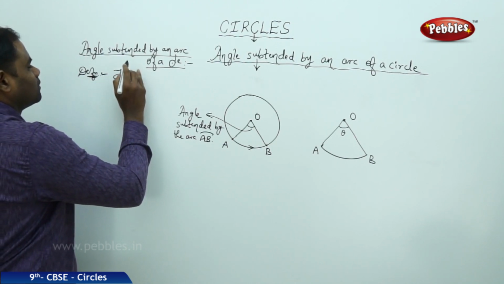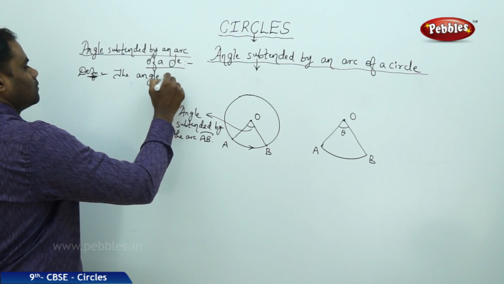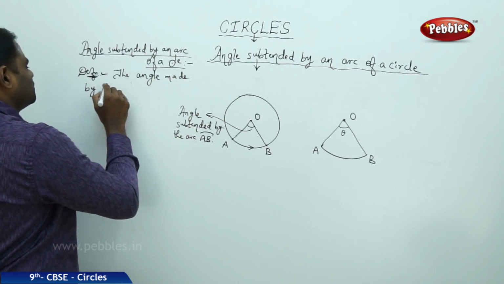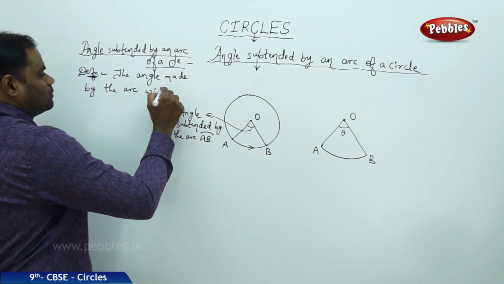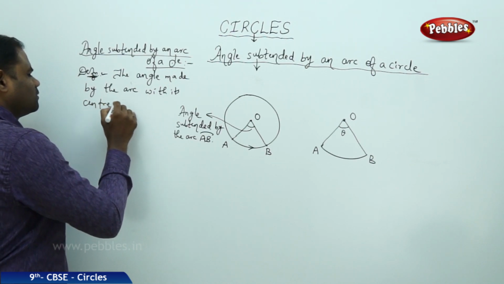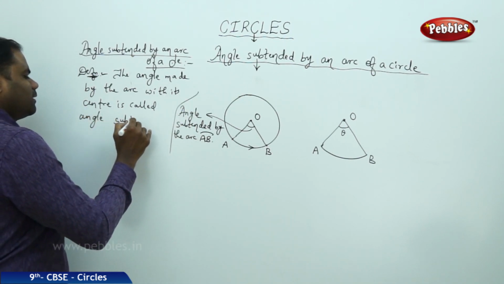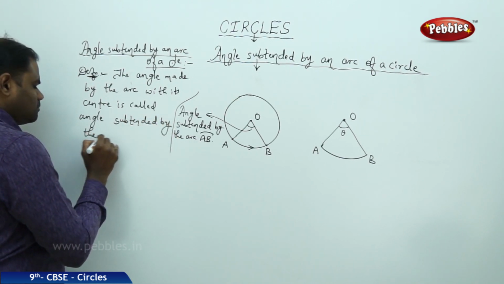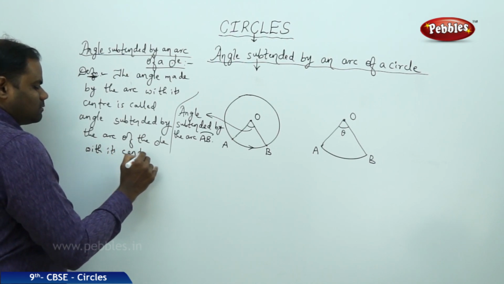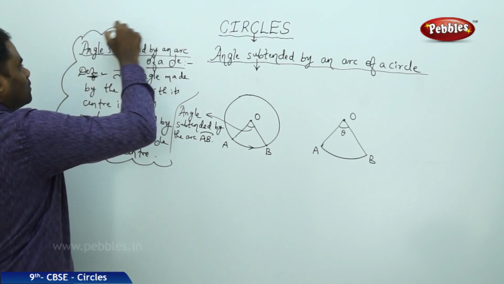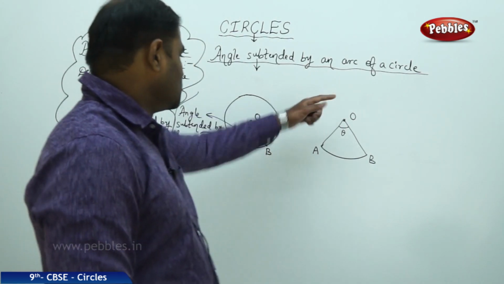The angle made by the arc with its center is called angle subtended by the arc of the circle with its center, which is understood to be the angle subtended by the arc of the circle at its center.